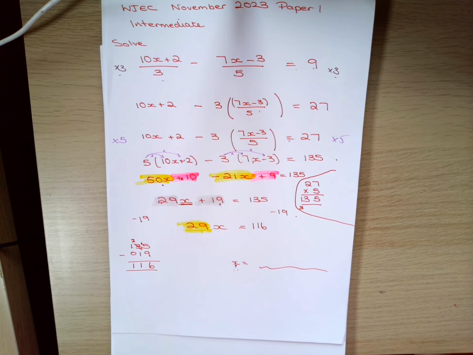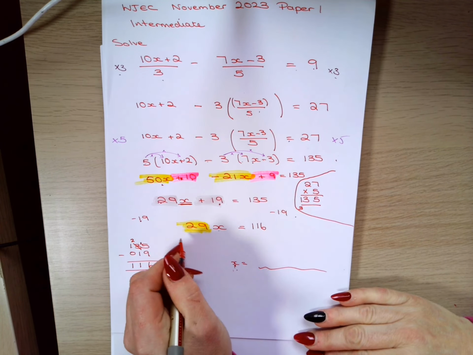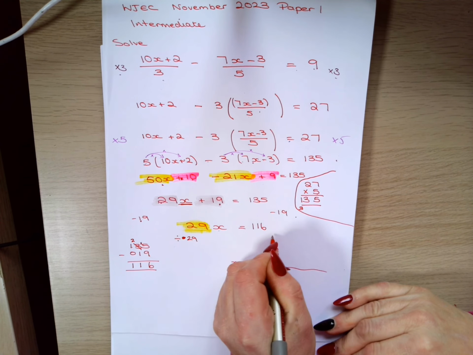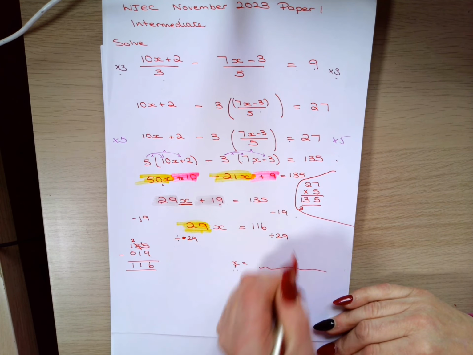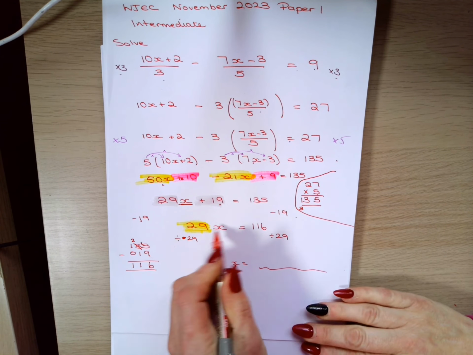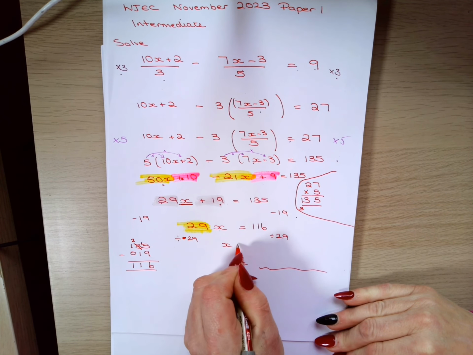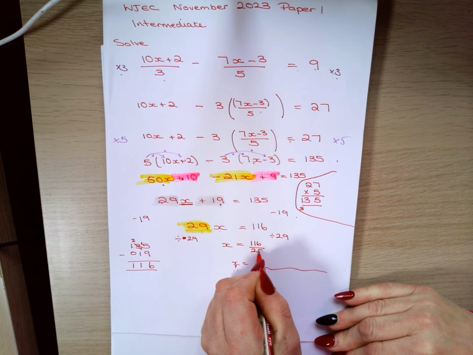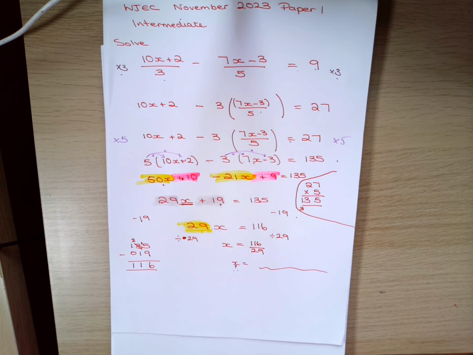That 29 is multiplying the x. So, therefore, to cancel it out, we need to divide. And again, we do the same to both sides. So, what we've got left here is x, and then on the other side we've got 116 divided by 29. Now, I'm sure that's probably not one of the most obvious ones to know off the top of your head, okay?